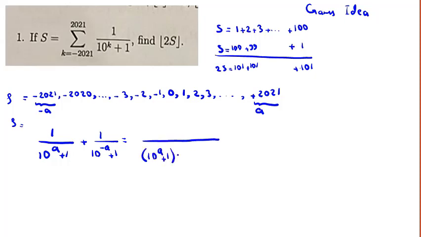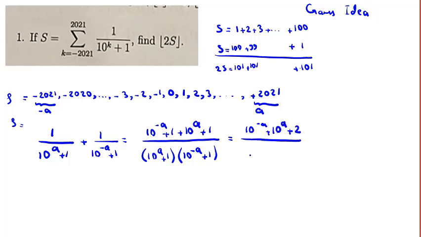It will be 10 to the power of a plus 1, and I can write 10. Let's write like this. I wanted to change it to 1 over 10 to the power of a, but it's okay. So it will be 10 to the power of negative a plus 1 plus 10 to the power of a plus 1. And it will be what? 10 to the power of negative a plus 10 to the power of a plus 2.